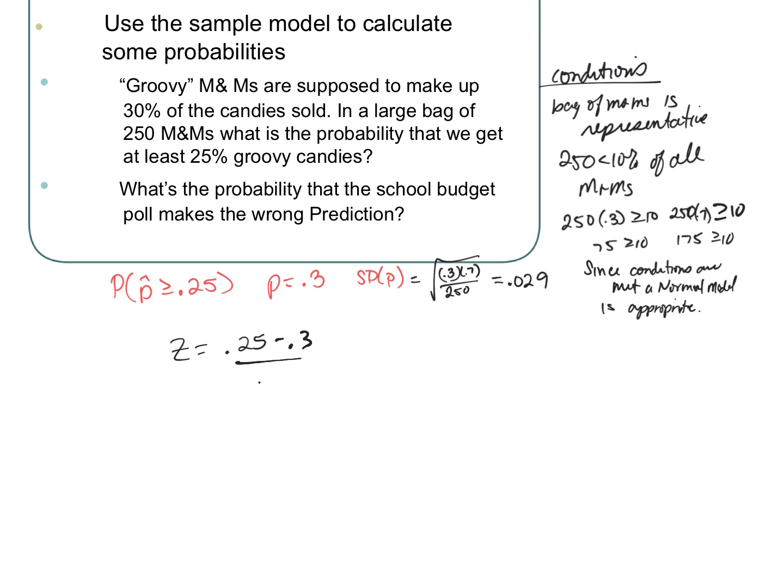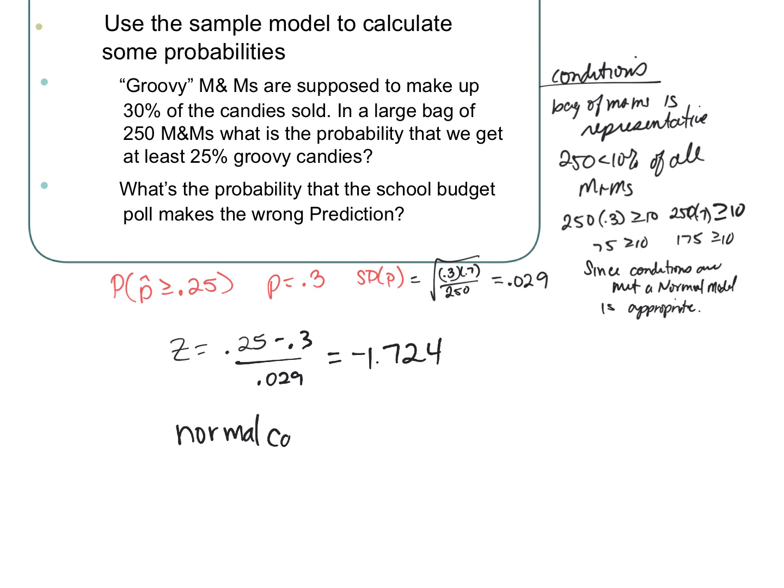0.25 minus 0.3 divided by 0.029. So 0.25 minus 0.3, so that's 0.05 negative, divided by 0.029, negative 1.724.